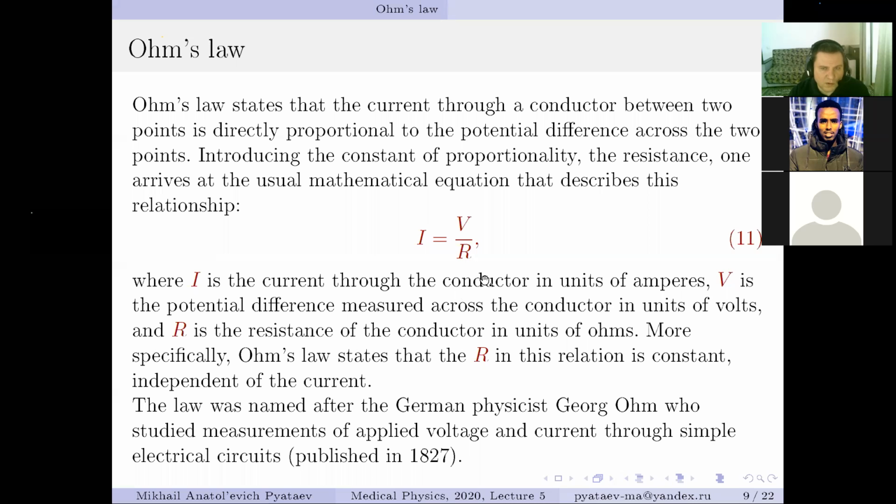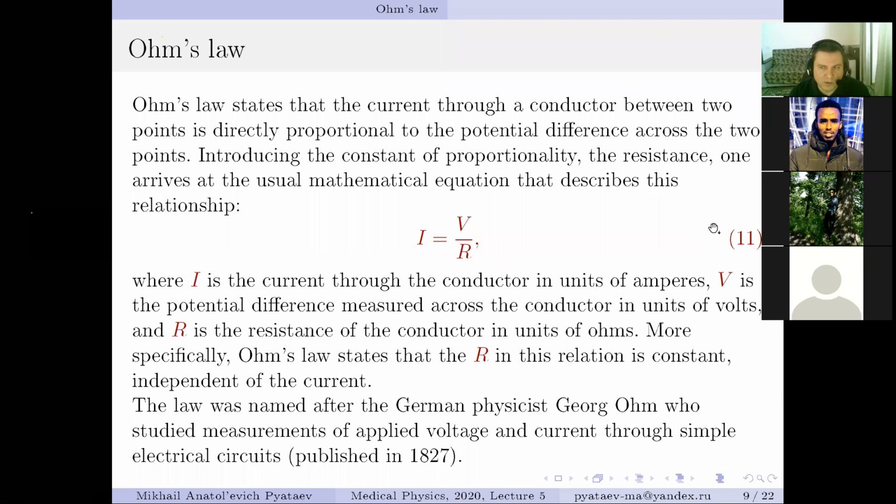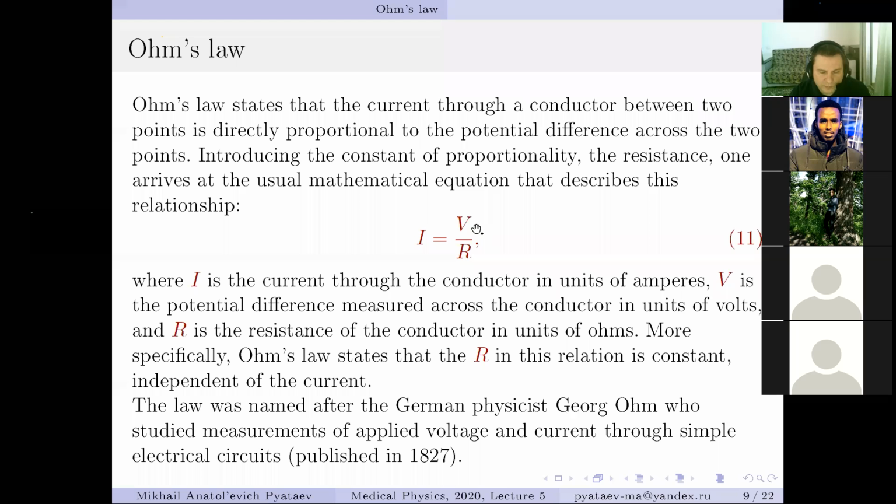The difficulty in discovering this law was measuring voltage independently of measuring current. This difficulty was overcome by George Ohm, and he found that current is directly proportional to voltage.